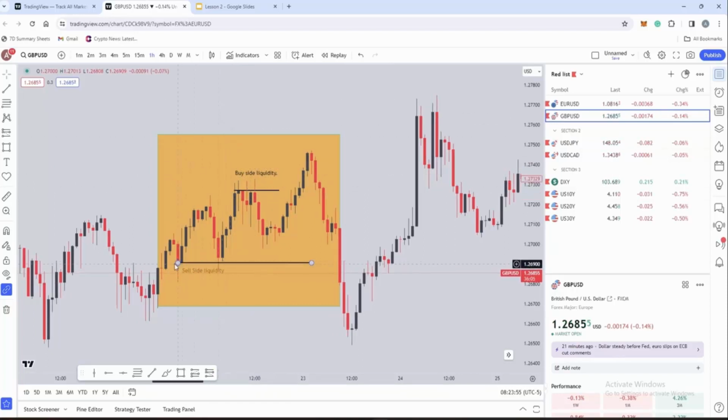That's sell side because it's equal lows. And so as you can see in this example, price traded all the way up here, taking buy side liquidity, before coming down and taking the sell side here and all of the sell side liquidity here with all of these equal lows. You can mark that out as well. More sell side.